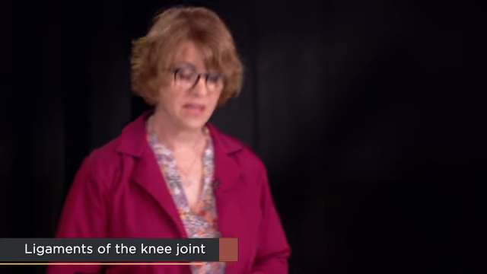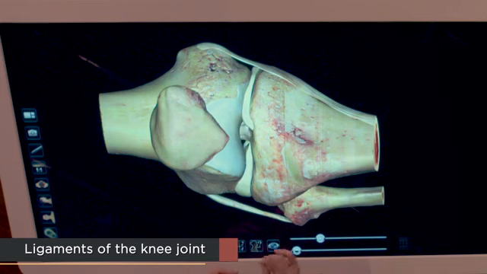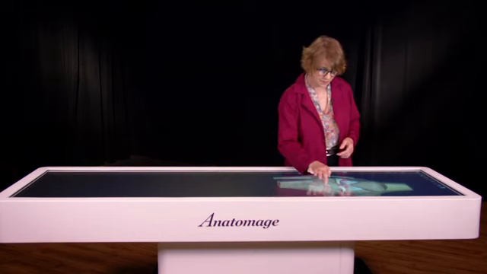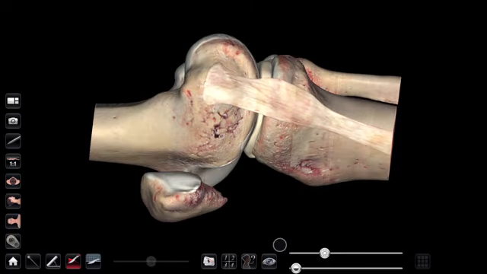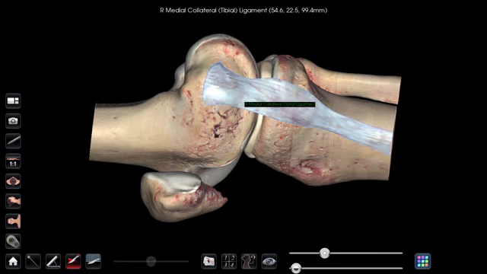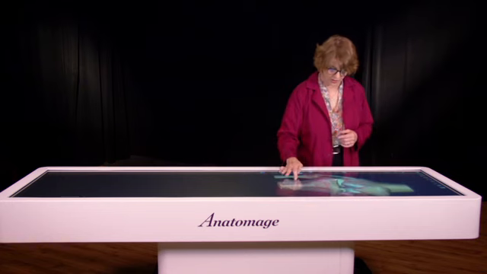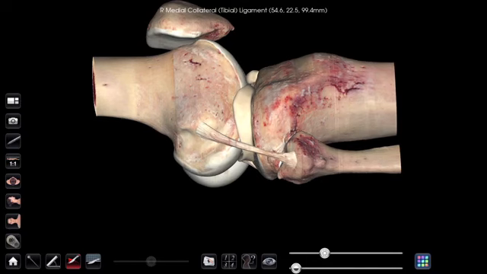Let's take a look at the ligaments of the knee joint, a commonly injured joint in the body. If we look at the medial aspect, we can see the medial collateral ligament. Remember, it's attached to its meniscus. If we turn laterally, we can see the lateral collateral ligament attached to the head of the fibula.